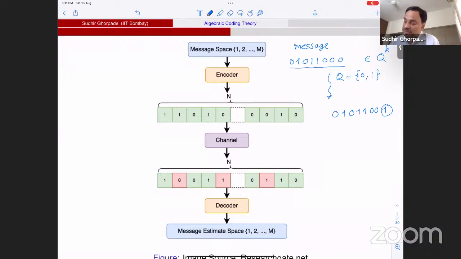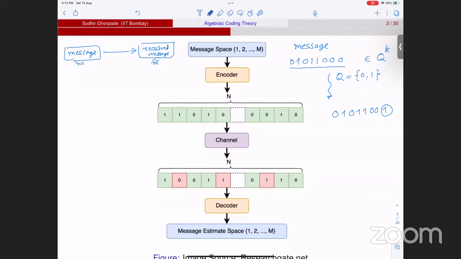So maybe you have a message, let's say M, and you want to send it, and this is the received message here. If you just send it directly, it will tilt it and introduce errors.